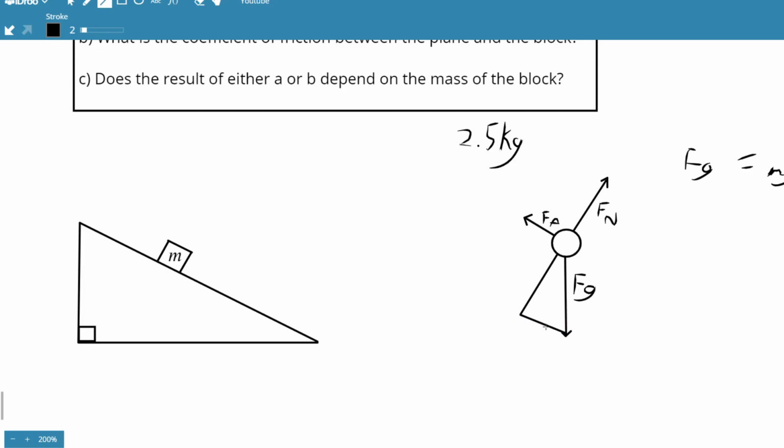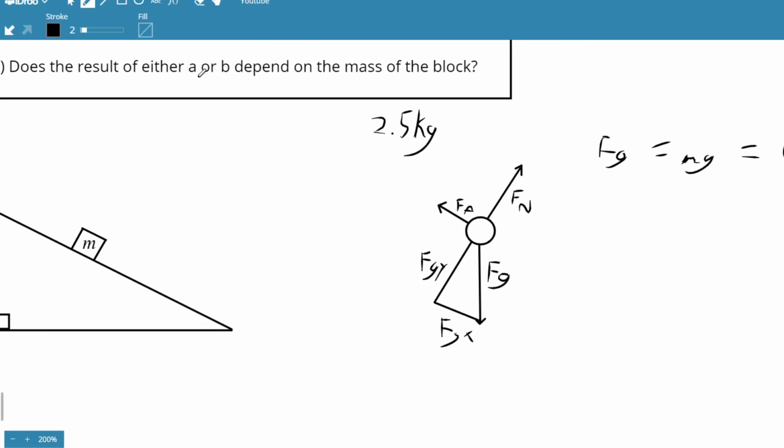So Fgx would be this direction. Let's mark them, Fgy. So, and this is a right triangle.